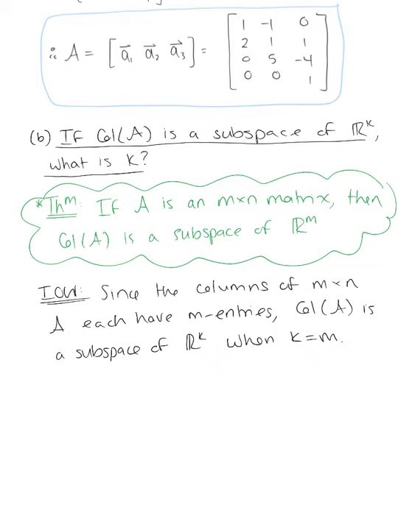So since the columns of an m by n matrix A each have m entries, the column space is a subspace of Rk when K is equal to m.